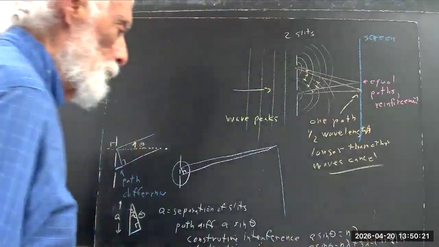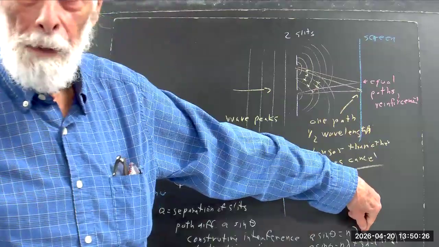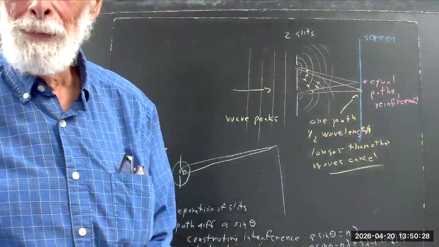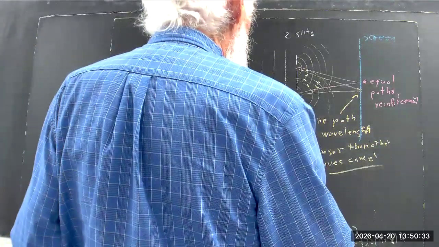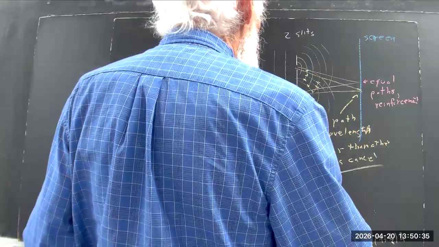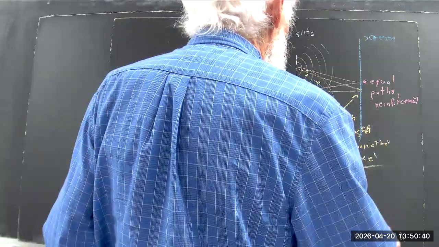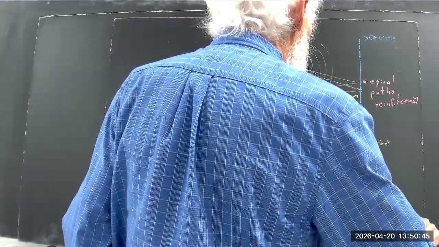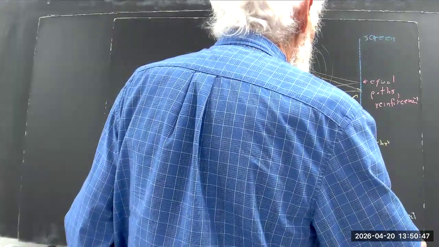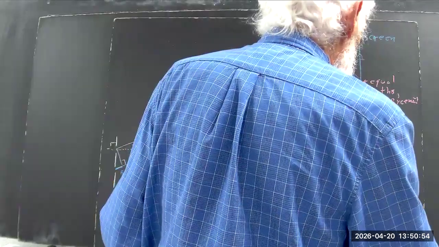For destructive interference, add half a wavelength, and you have peaks meeting valleys. So peaks meet peaks, and valleys meet valleys. Peaks meet valleys, sorry.